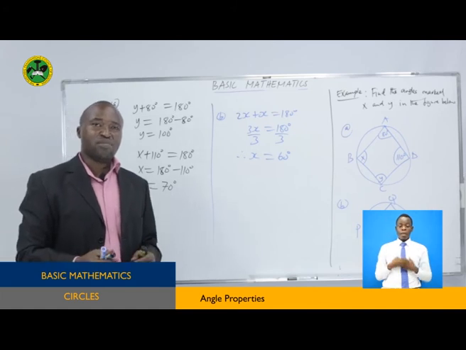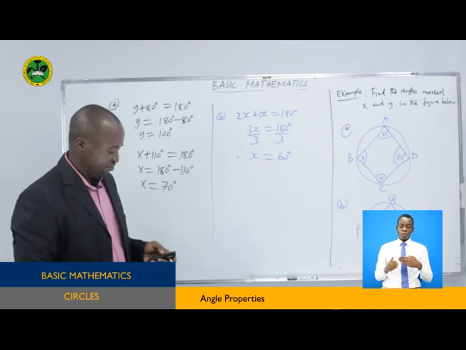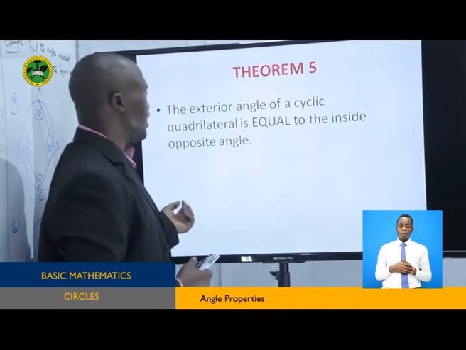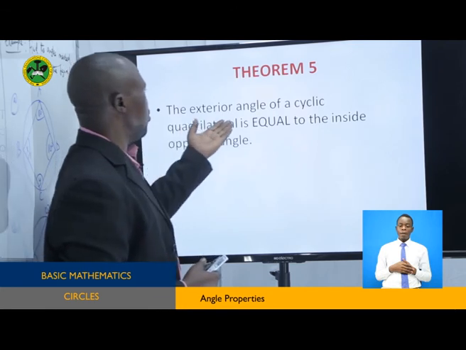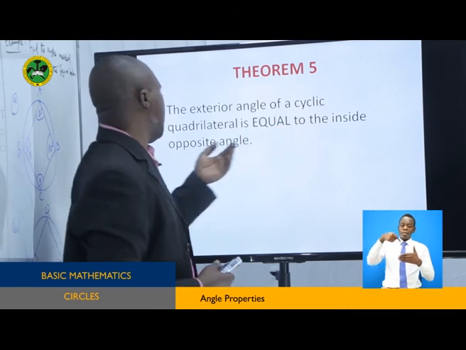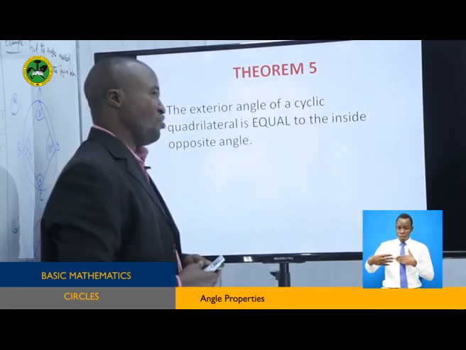So students, let us proceed with the last theorem in this part of the presentation. The fifth theorem states that the exterior angle of a cyclic quadrilateral is equal to the inside opposite angle. So here there are two important angles.